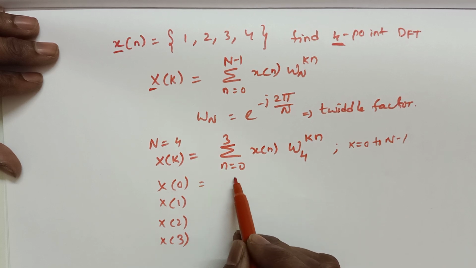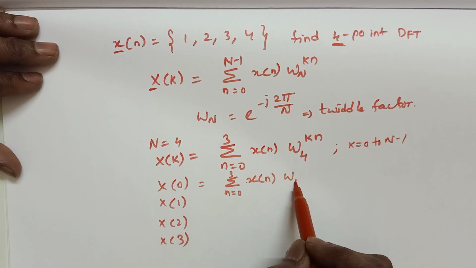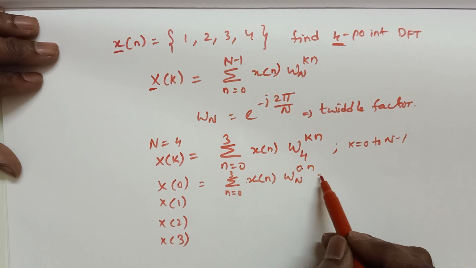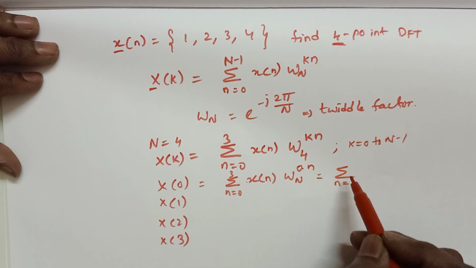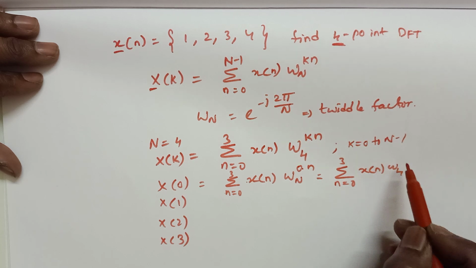So we'll substitute k in this formula. If you take k equal to 0, it is sigma n equal to 0 to 3 x of n into W_4 power 0.